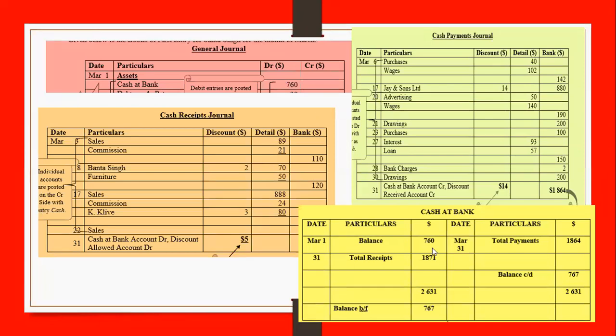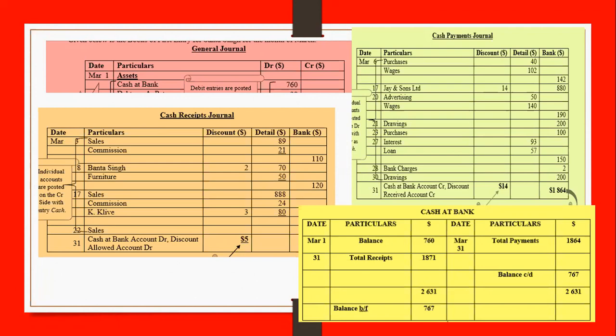Same side posting, class, means from the debit column to the debit side of the ledger account. That is why we are posting it to the debit side. Now, listen to me clearly.